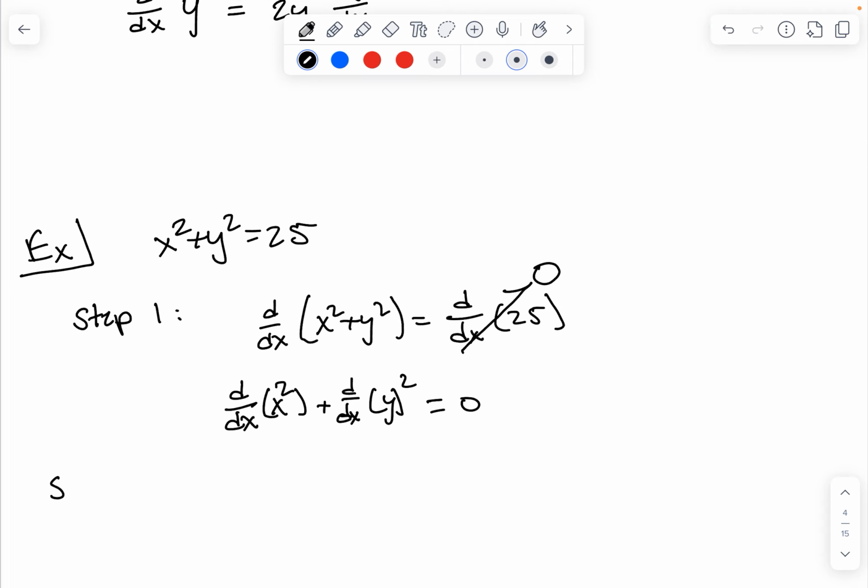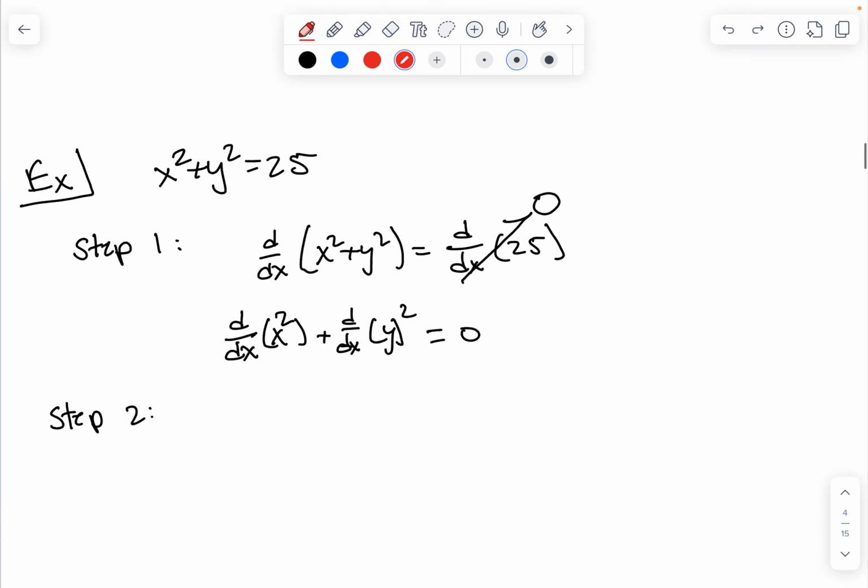So step 2 would be to take the derivative, and again we've kind of already taken the derivative of this side, but let's focus just on the x's. The derivative of x squared would be 2x. And another way we can think about this to make it a bit easier is whenever you take the derivative, the variable that you took the derivative of, in this case x, you make that the numerator.